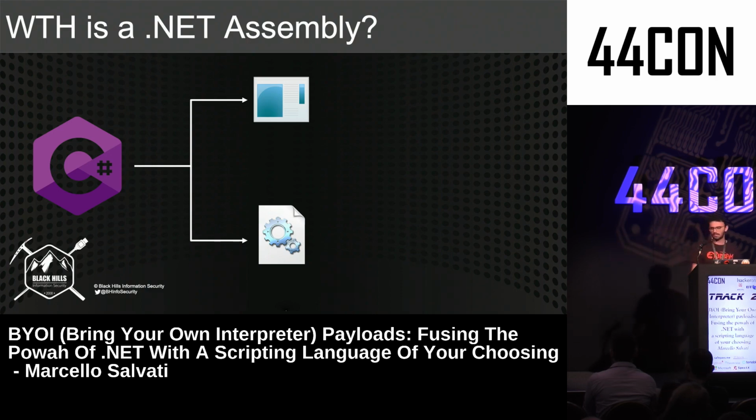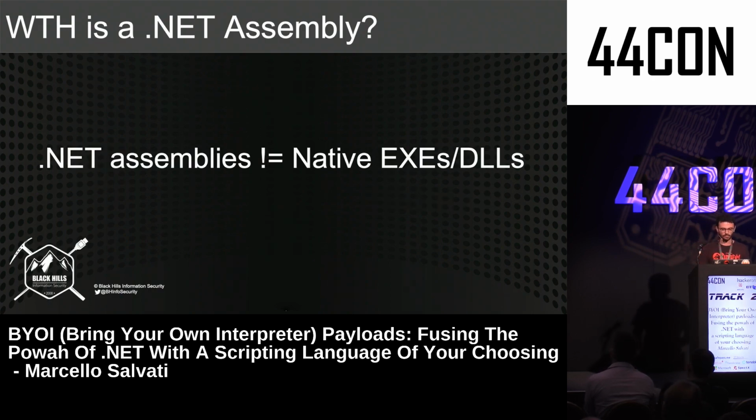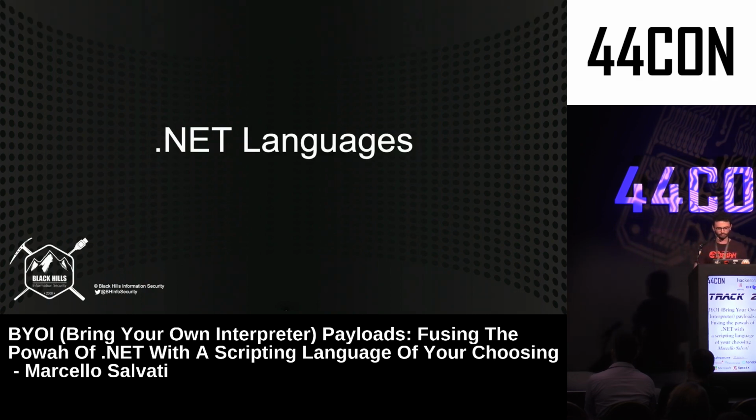That's an important thing to understand. These are both .NET assemblies. Also, the format of .NET assemblies is almost completely different from native executables and DLLs. Just because they have the same extension does not mean they are the same format, okay? That's another important thing to understand.